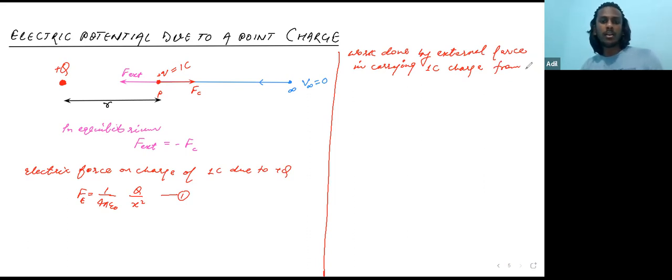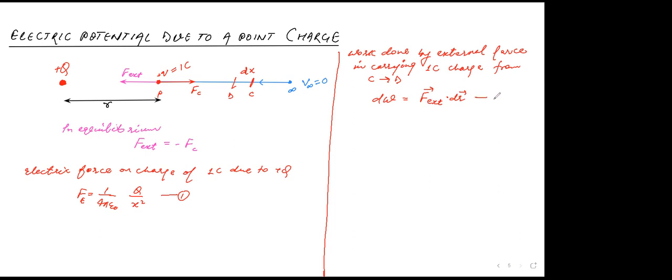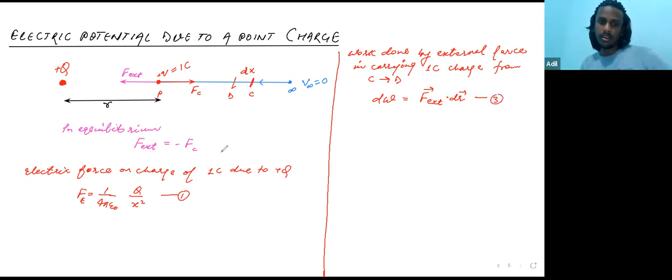You can take here an elementary part of dx, from C to D. I will tell you the reason behind taking this dx here. This is the elementary part. First of all, your dW will be equal to F of external dot dr. Am I right or not? Yes, sir. This is your equation number 3.